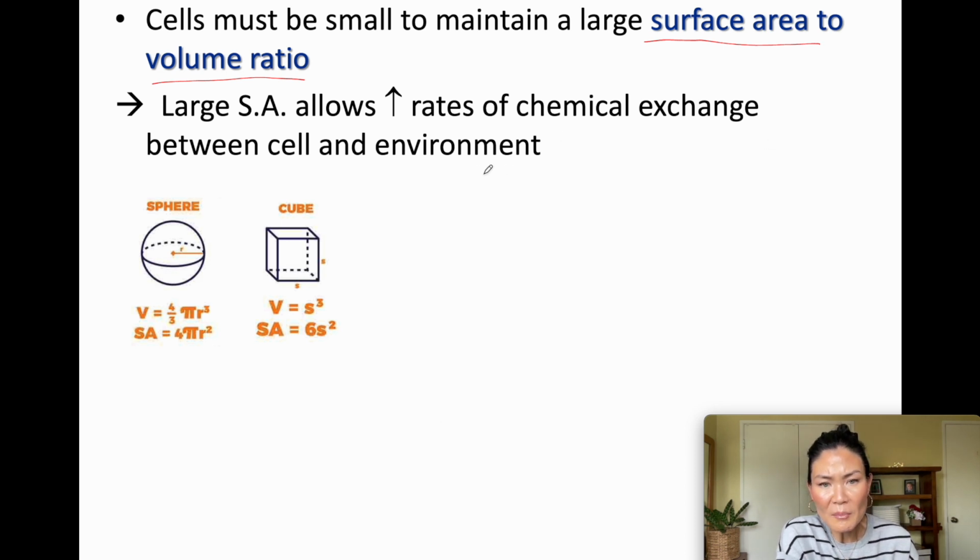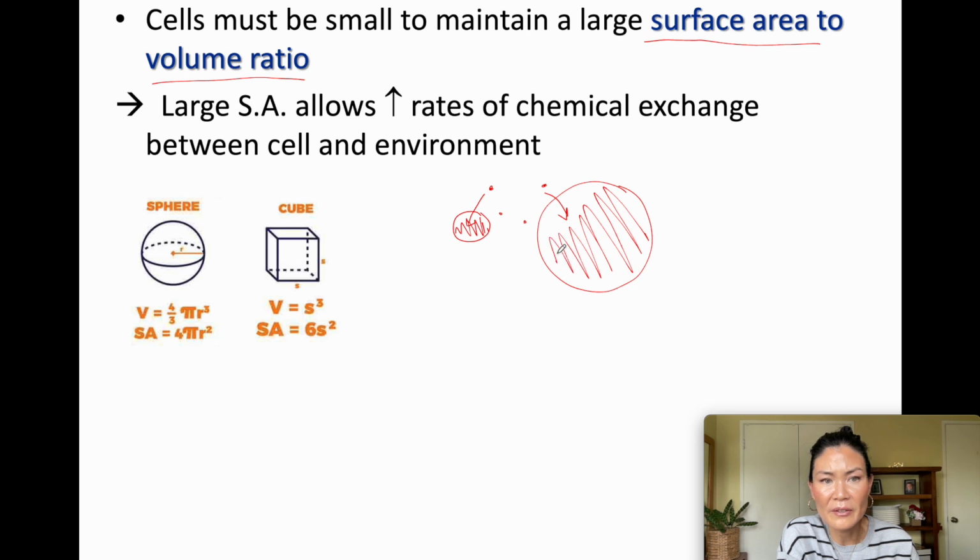So what I mean by that is that let's compare a small cell versus a large cell, okay? If you have like food just outside of the cell, and that food is going to be absorbed by a small cell or by the large cell, that food is going to feed the entire volume of this small cell a lot faster than the volume of a larger cell, okay?